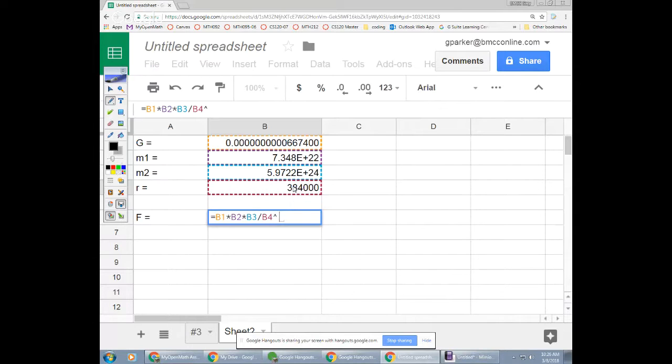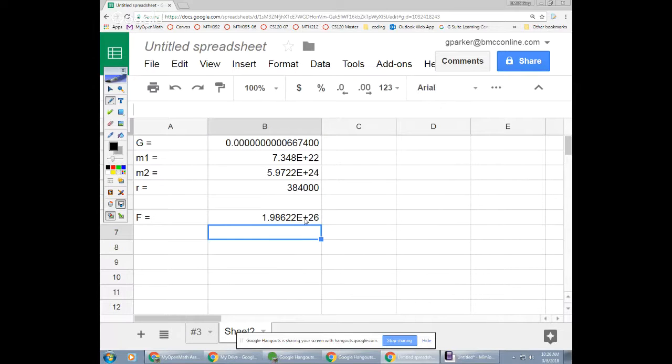So once I get them typed into the spreadsheet, it's not so bad to just point and click and fill out the formula. So again, power of a spreadsheet. It's a super powerful calculator. And I get Google saying what Robert and Jenna said, 1.986-ish E to the positive 26, that means times 10 to the 26th power. So that E is scientific notation on a computer.